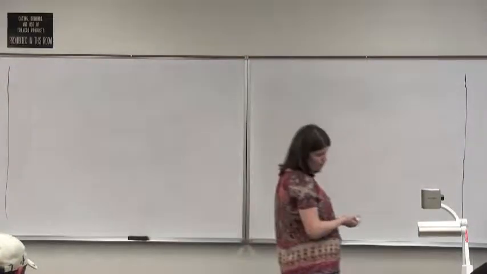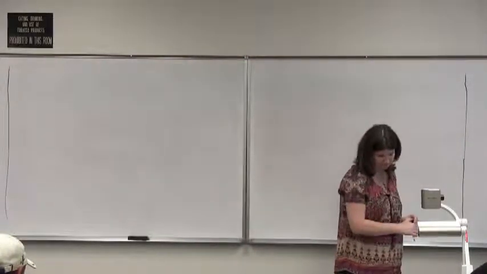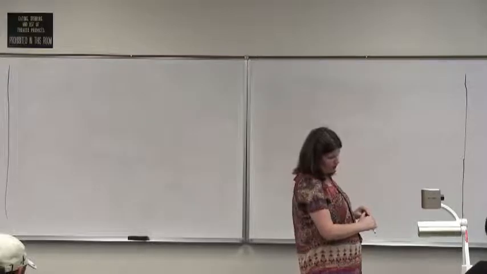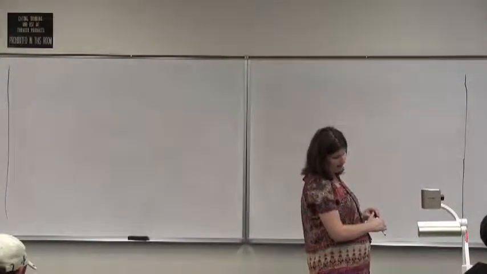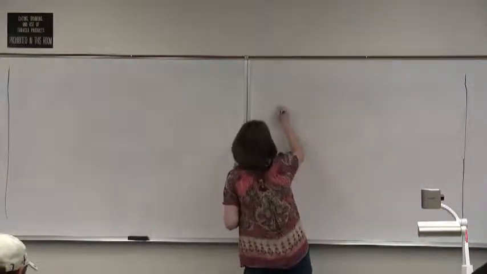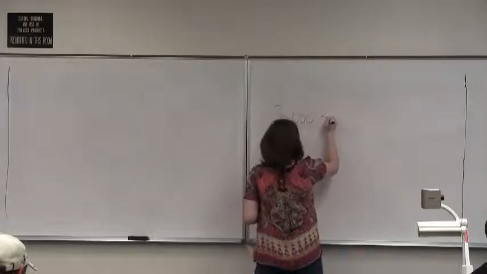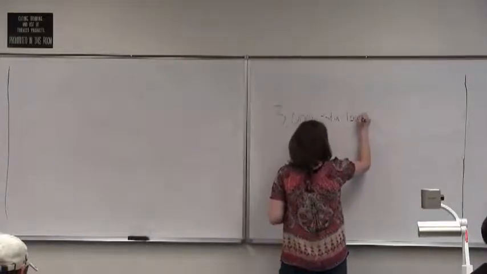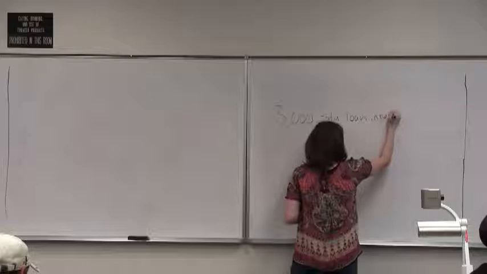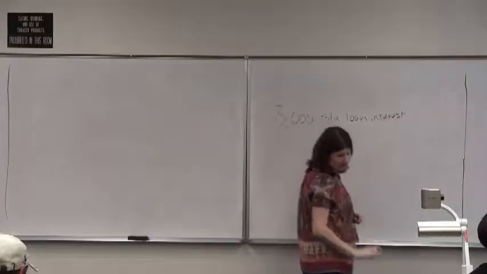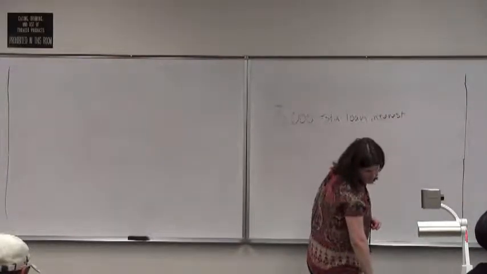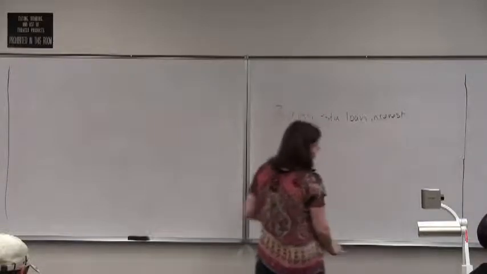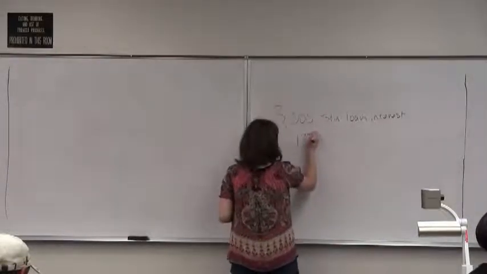So let's do an example. This is example 20 in the book on page 1015. We have Kurt and Rita, who are married and filed jointly. They pay $3,000 of student loan interest. Their AGI, or modified adjusted gross income, is $137,500.